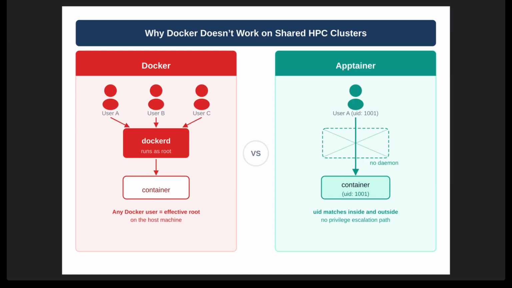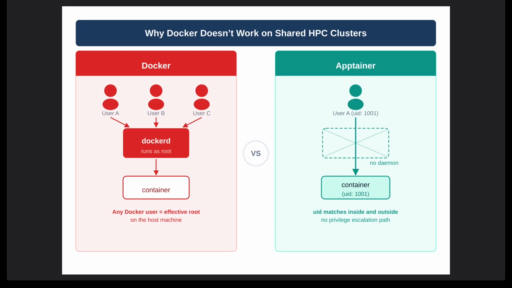When you run a Docker command, you're really sending a request to the daemon, and it does the work as root. On your own laptop, fine, you are the only user. On a cluster with multiple people sharing the same machines, giving everyone access to the daemon is the same as giving everyone root. No HPC center will do that.